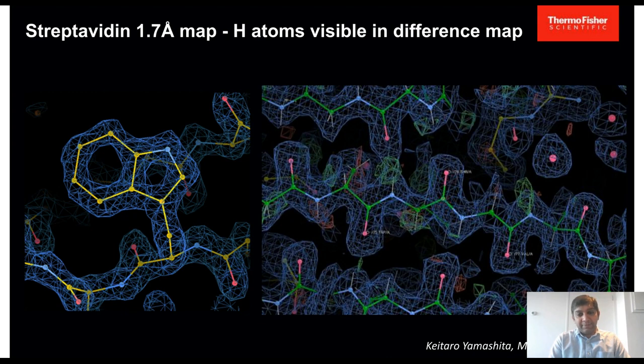All these little sticks that we see, as well as these green blobs, these are the densities for hydrogen atoms. So not only can we push the resolution of such a small protein to 1.7 angstrom, but now hydrogen atoms are also visible. Again, showing how far this technology has come in a very short period of time.